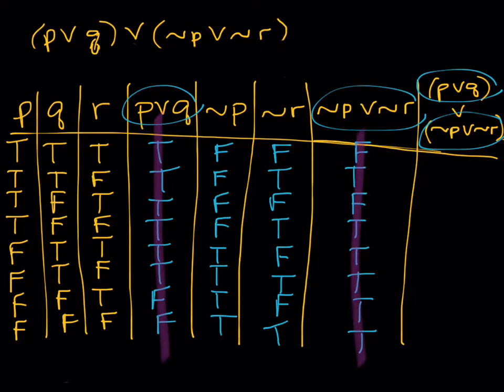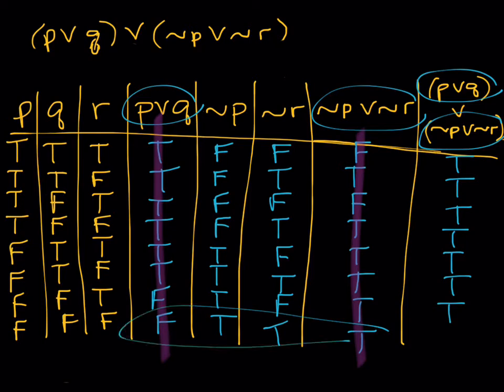So first one I have true or false, that's true. Then true or true. Okay, true or false is still true. And then I have 3 in a row that are true, true, true, or true, true in all 3 cases. And then I have false, true, and that's true, and false, true is true.